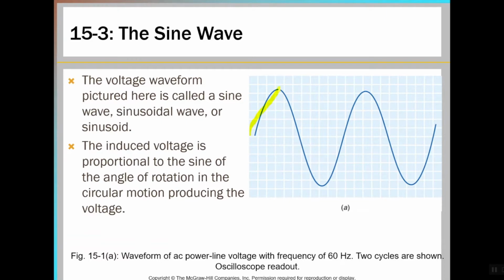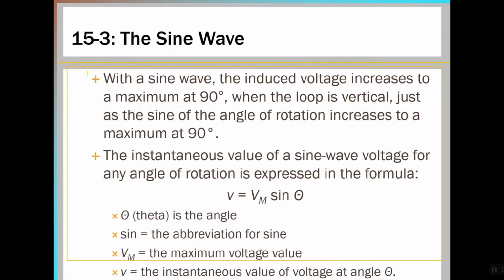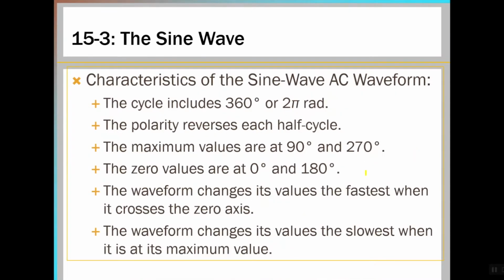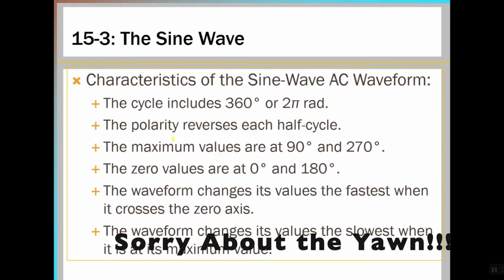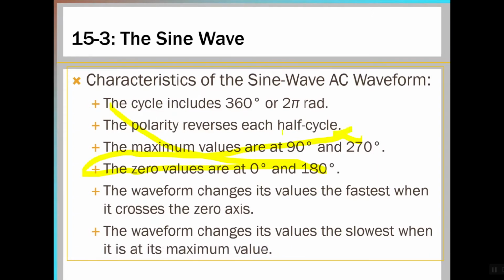We call this a sinusoidal wave because it looks like a sine wave. How we get that to show up on the scope is something we'll worry about in the first or second lab.